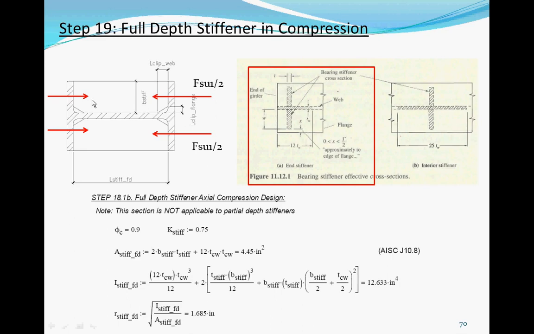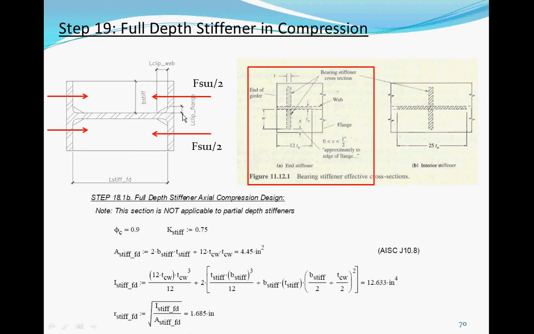Full depth stiffeners, if you have 2-sided, then you need to do compression check. Compression check, however, the stiffener itself is not the only element that's resisting compression. Part of your web is too. So if you're looking down from this side, that's your stiffener contribution, and that's your web contribution for compression.